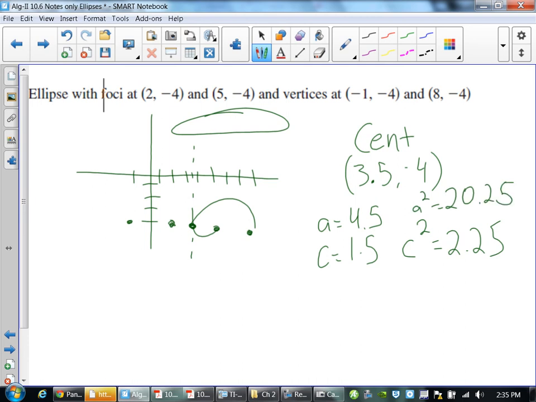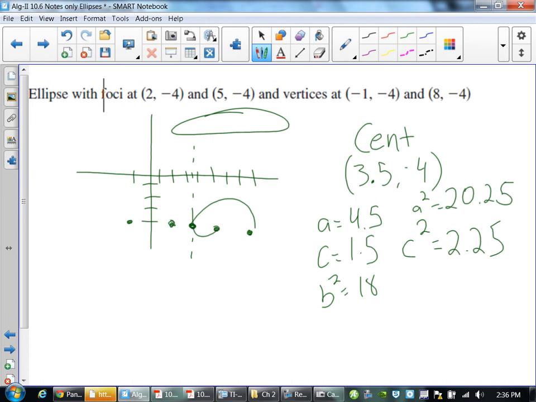If c squared is found by taking a squared minus b squared, 20 1/4 minus 2 1/4 is 18. So b squared is 18. Do you have enough information to write that out?